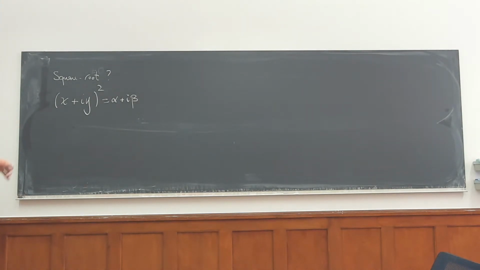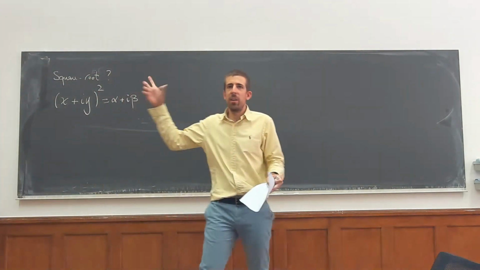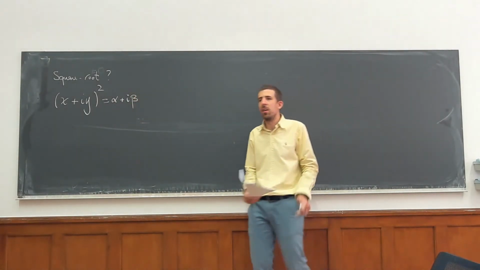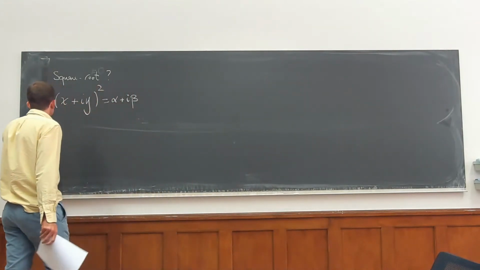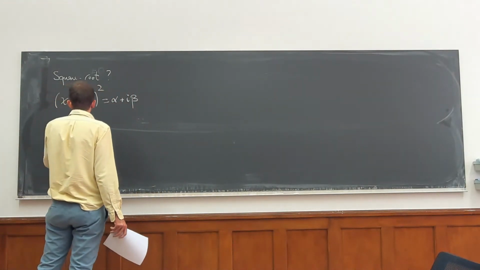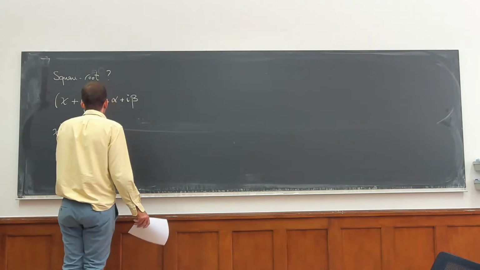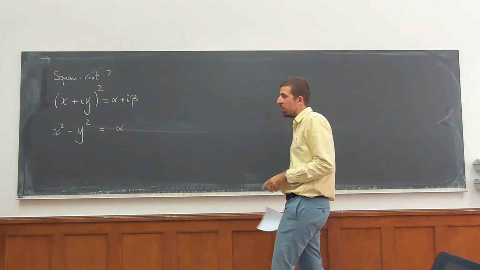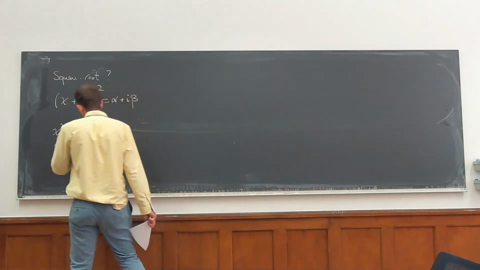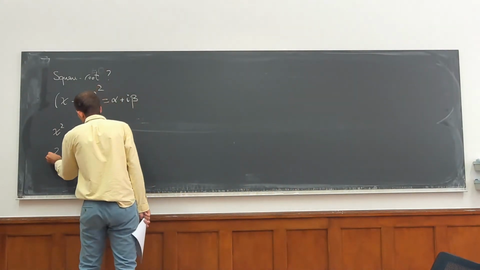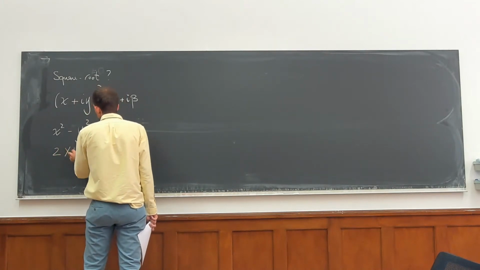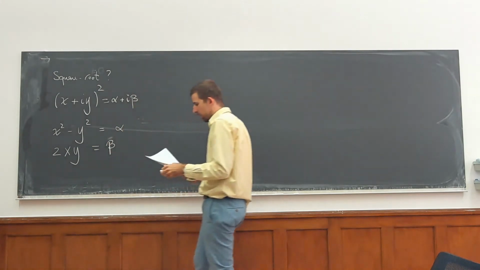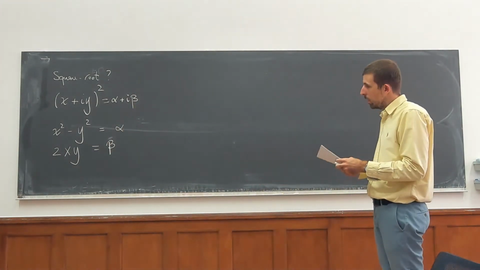Well, for now, the complex numbers for us are nothing else than just pairs of reals with some strange rule for multiplication. So let's just write an equation of the reals. We get that x squared minus y squared will equal alpha. It's just matching the real parts of these numbers. And 2xy will be equal to beta.